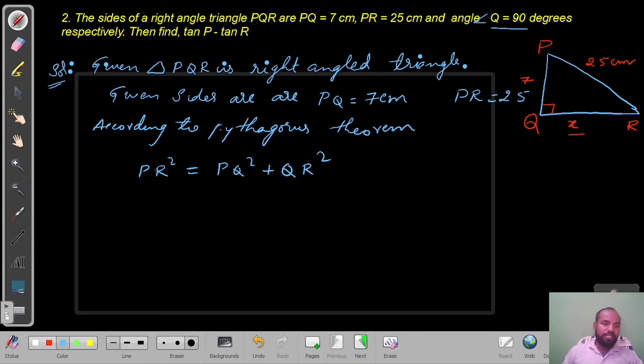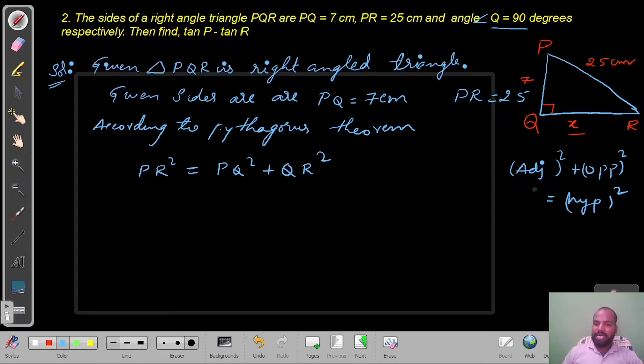So we already know, right? What is Pythagoras theorem? The sum of the squares of the two sides is equal to the hypotenuse square. So adjacent side square plus opposite side square equals hypotenuse square.